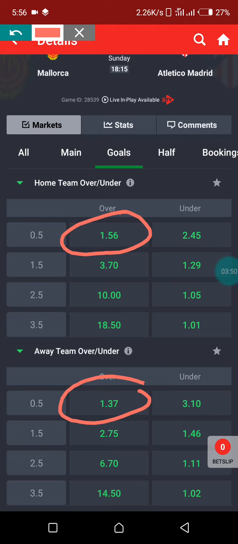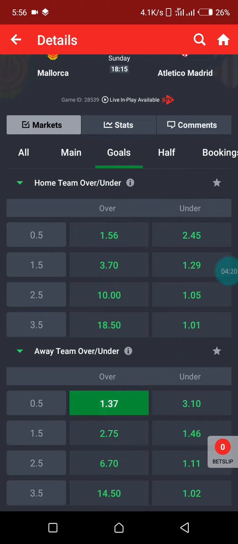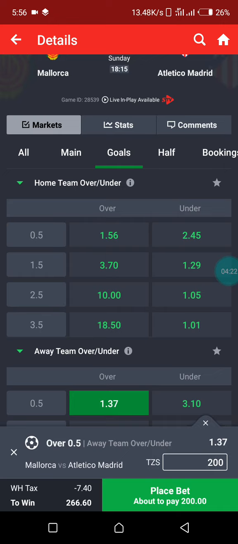If you see another side that does not have over 0.5, don't choose that game, because it's not good. Whenever you see a game like this, with home team overs and unders and away team overs and unders, just choose the lower odds between the two sides. The lower odds here is this one, not this one. So here we are going to choose over 0.5 for the away team.